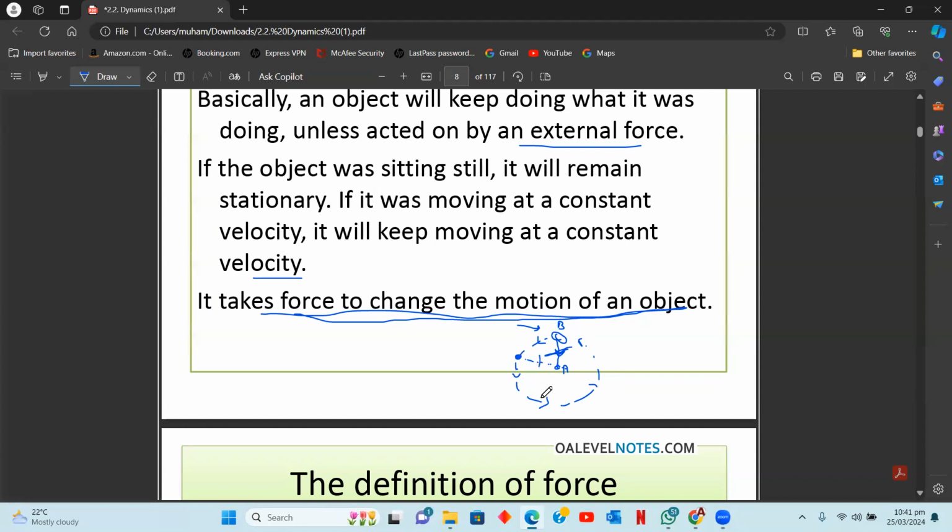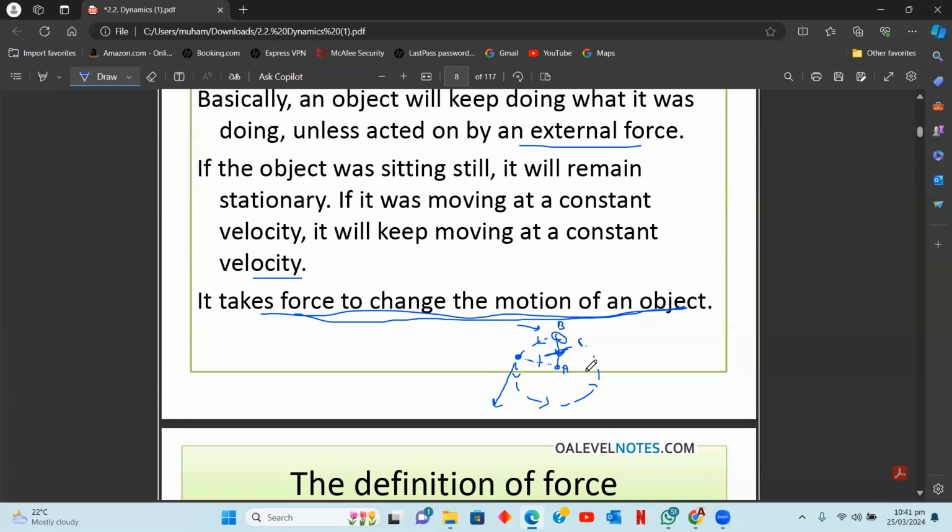The object would not continue its circular motion anymore. The moment the string breaks, the object would continue moving in a straight line from that instant. Imagine drawing a tangent at that point and thinking of that as the motion of the object from that point onwards, the point at which the string breaks.